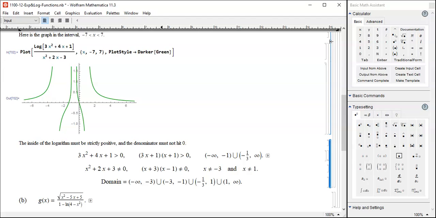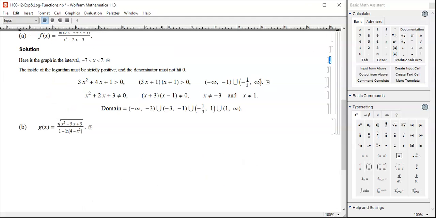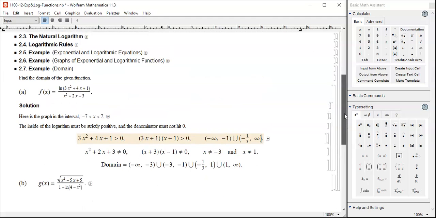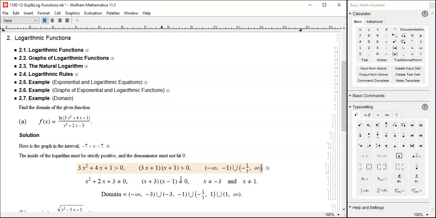And here are symbolic solutions. Inside of the logarithm has to be strictly positive, so you can solve this quadratic inequality. So we have negative infinity to -1 to the left, -1/3 to positive infinity to the right. And then setting up the denominator not equal to 0, we'll have to remove more points. So from here, I have to remove -3. From here, I have to remove +1.